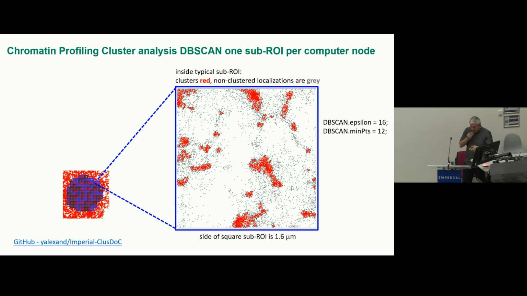One of my colleagues in the unit has taken every single nucleus and made a 1.6 micron square subfield region of interest, and then sent this to a single computer node in the HPC environment. It takes around 2 to 3 hours just to analyze one of these little squares. What you see here is how the chromatin is organized.